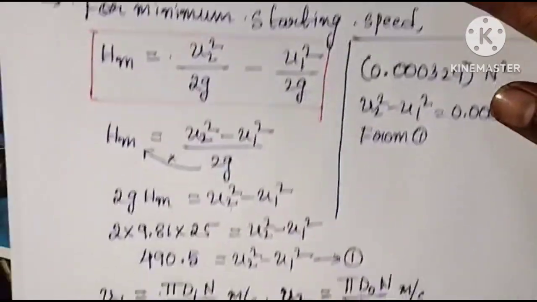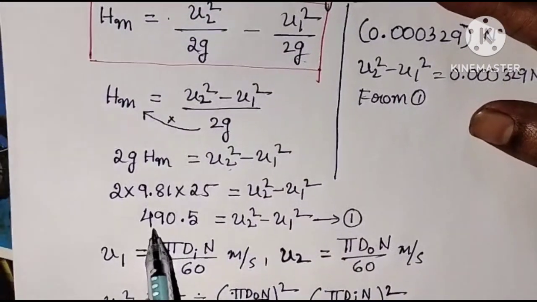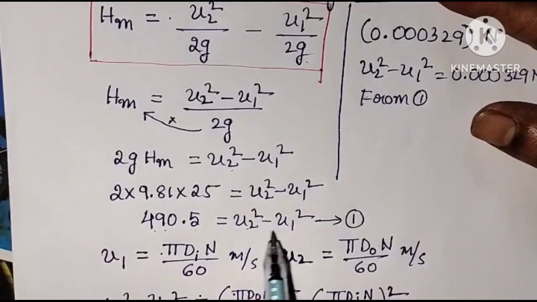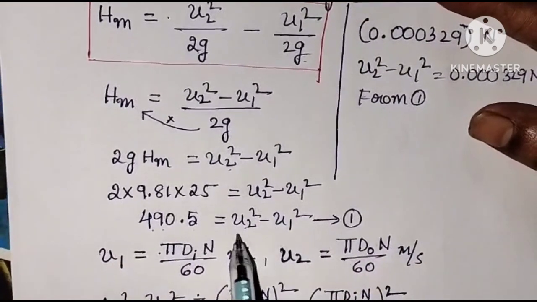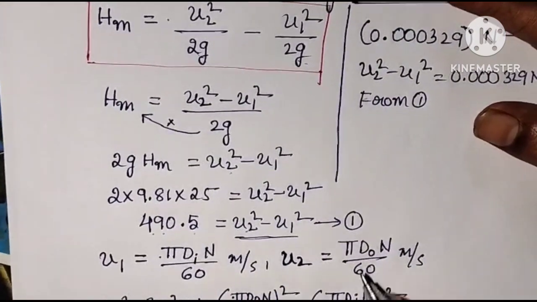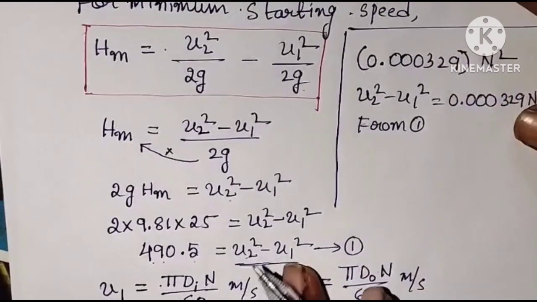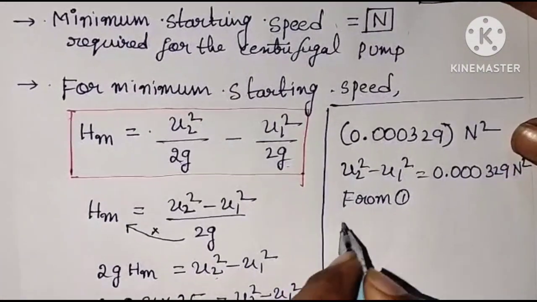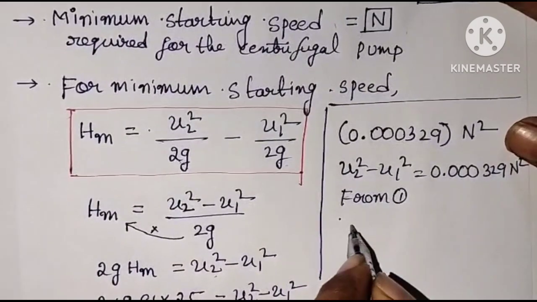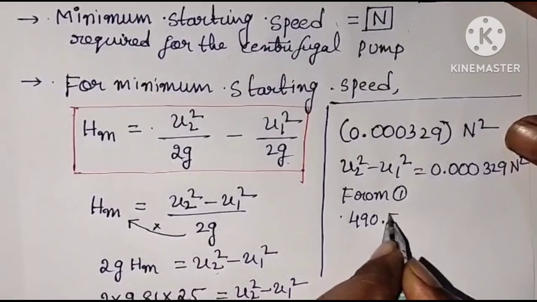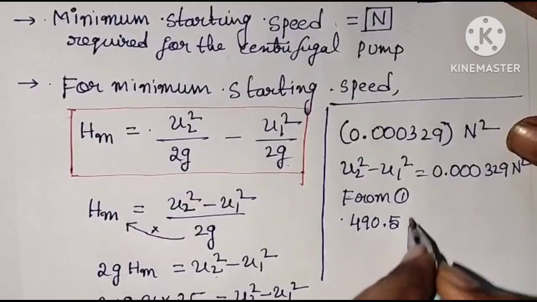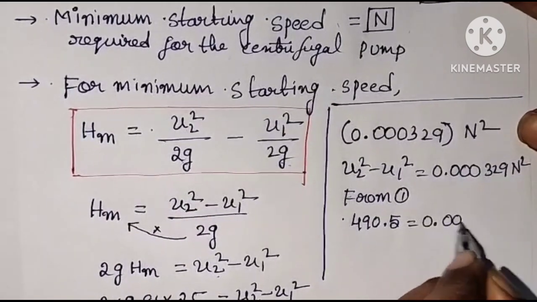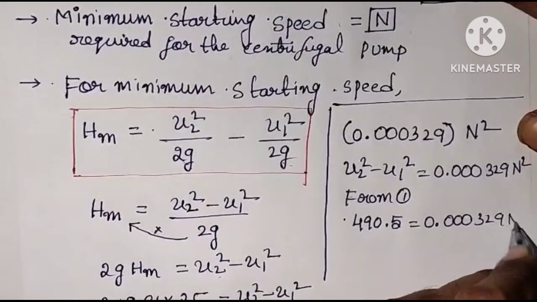Now, from equation 1, which is 490.5 equals U2 square minus U1 square, put this value in the equation. So 490.5 is equal to 0.000329 N square.